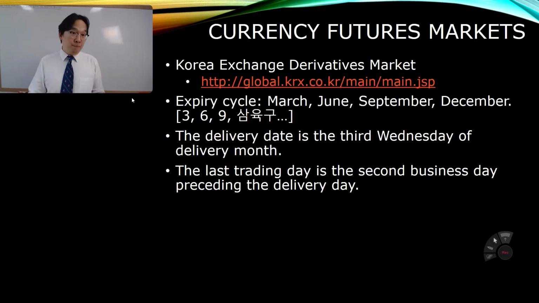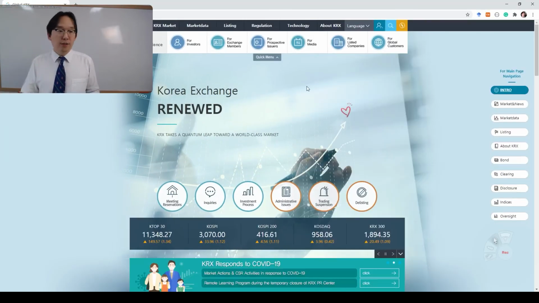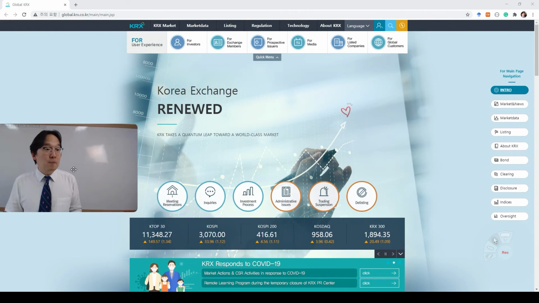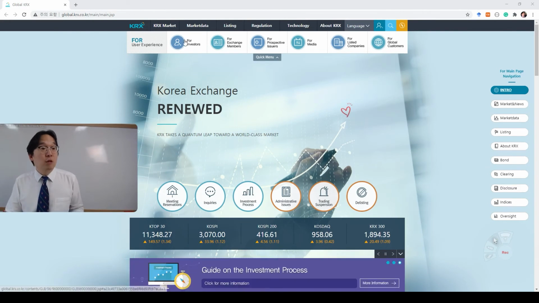Now, Korea also has a futures exchange or exchange derivatives market, the Korea Exchange, right? So you can click it and explore their website like this. All right, Korea Exchange renewed. You see KRX, right?